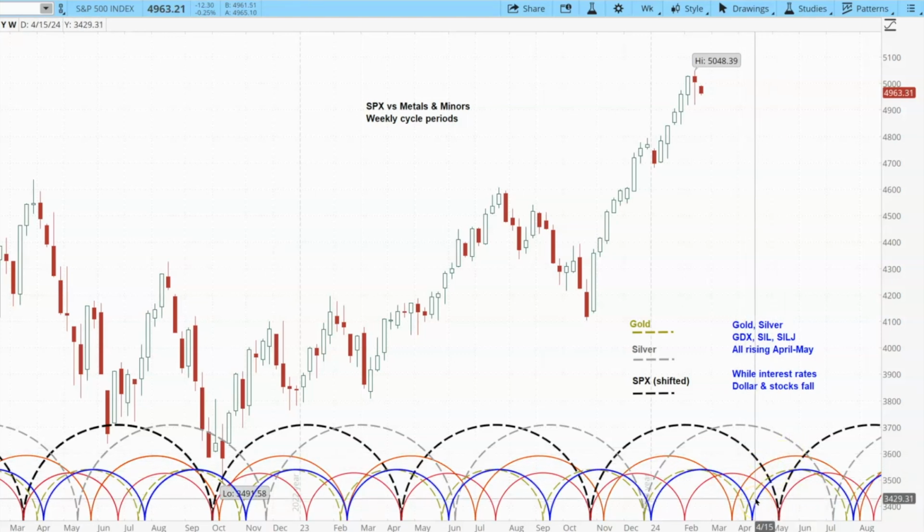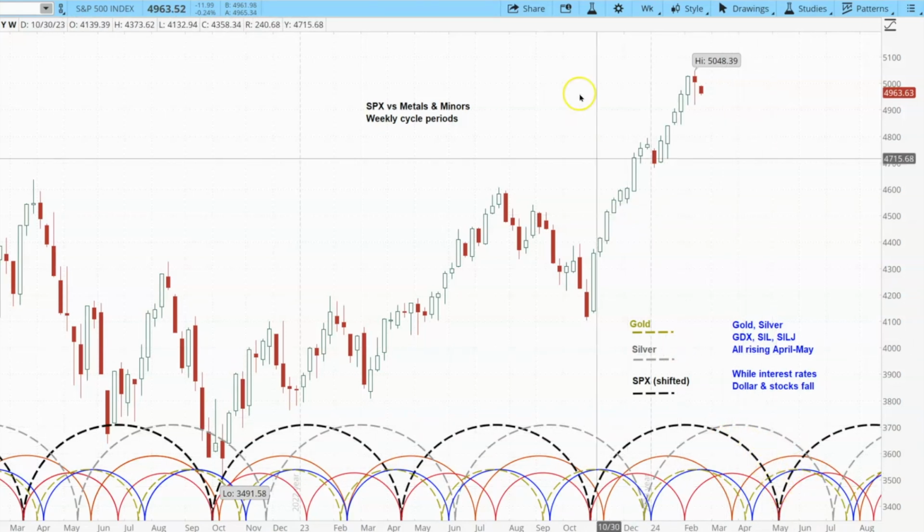This over here is the GDX moving up during that time period. This is the silver market moving up during that time period, and the gold market moving up during that time period. So all of these are showing upside movement while the dollar is falling and while the stock market is falling. I just want to prove that to you.